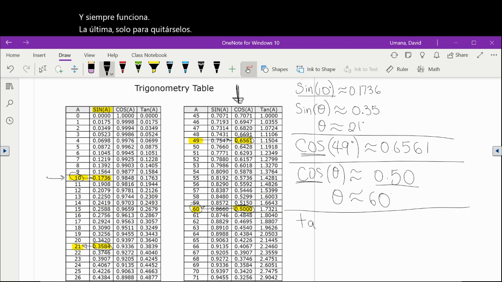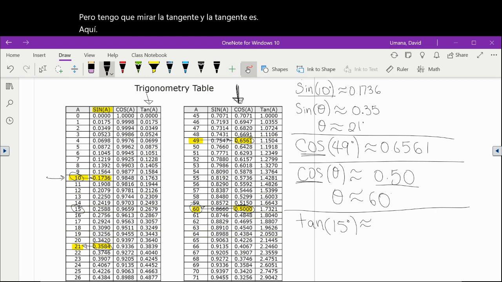What if I say I want the tangent of 15? So for the tangent of 15, I'm going to start here. But I have to look at the tangent, and the tangent is here.